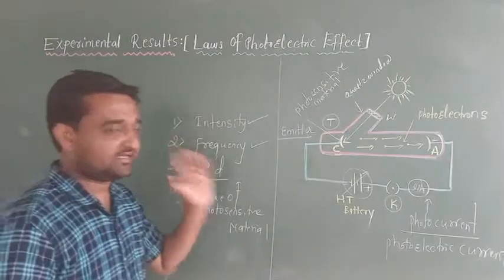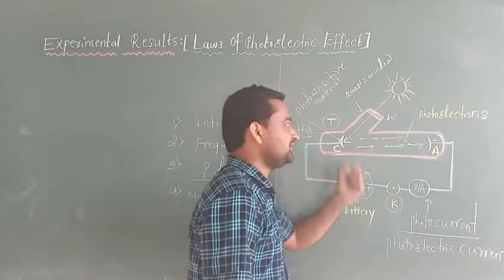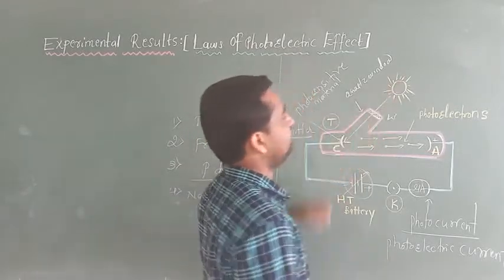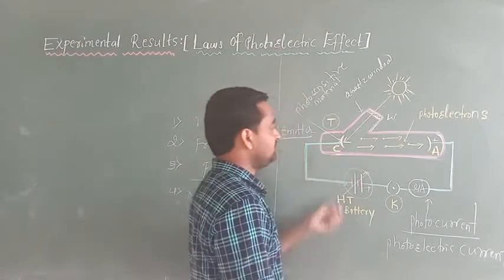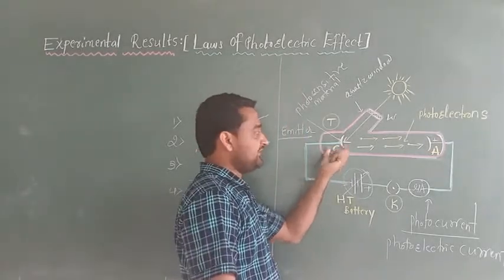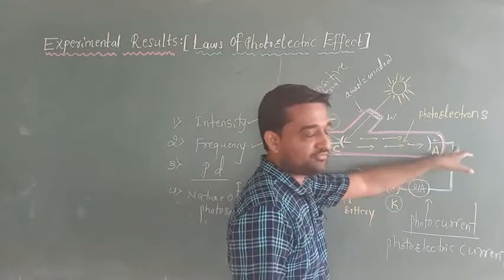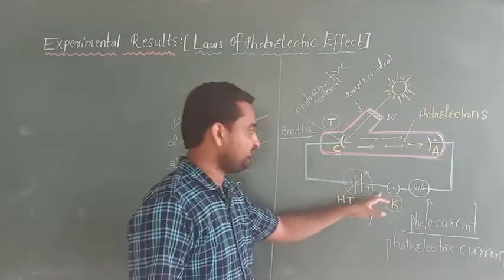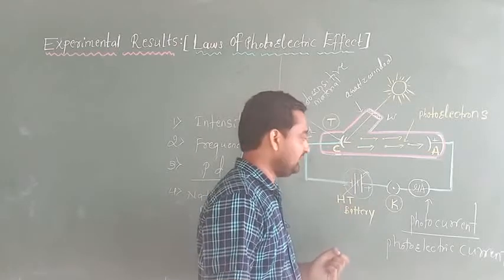The experimental arrangement is very simple. It consists of an evacuated glass tube, fitted with a quartz window to allow the light radiation. The tube encloses a cathode, which acts as the photosensitive material and emits the electrons, and an anode. The cathode is connected to a high tension battery, which maintains the potential difference between the cathode and anode.